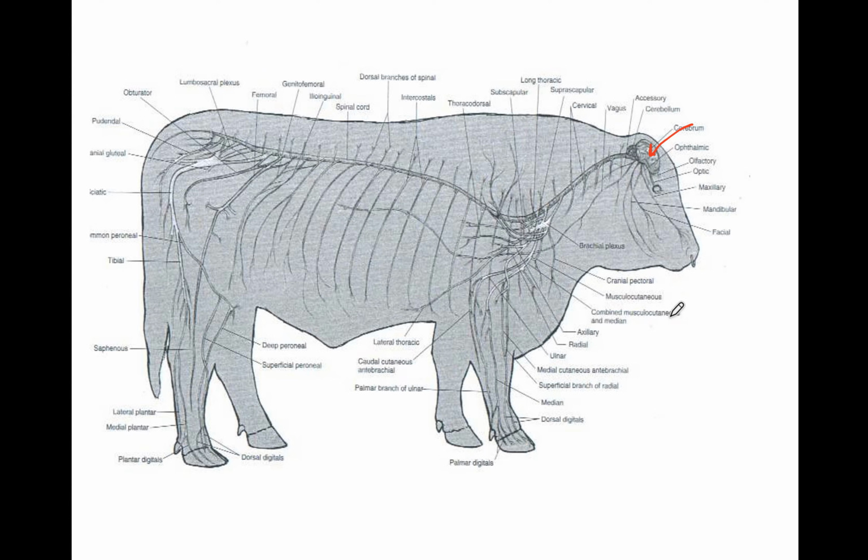The nerves that emerge from the base of the brain and mostly supply structures within the head, that's the cranial nerves. Whereas the other nerves that we can see here, all of these nerves are the spinal nerves.